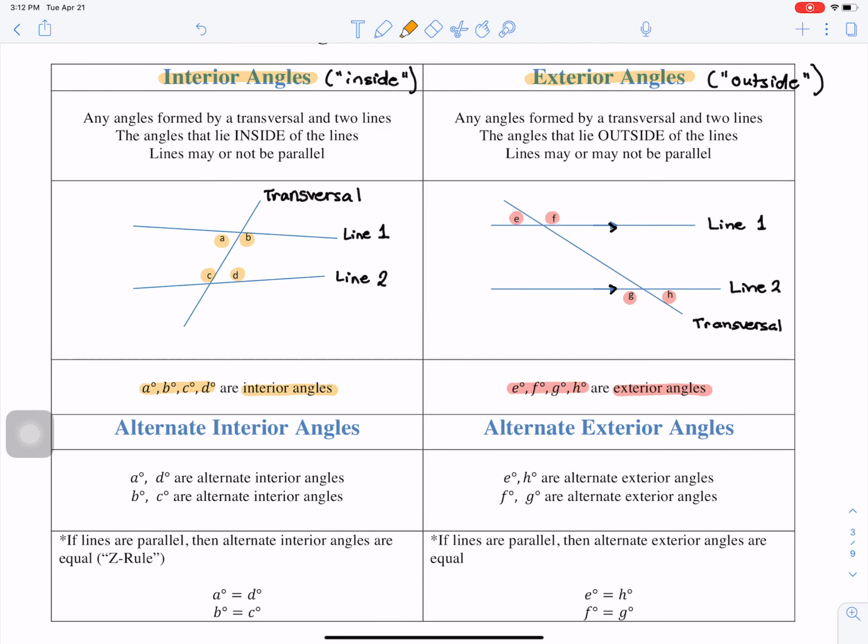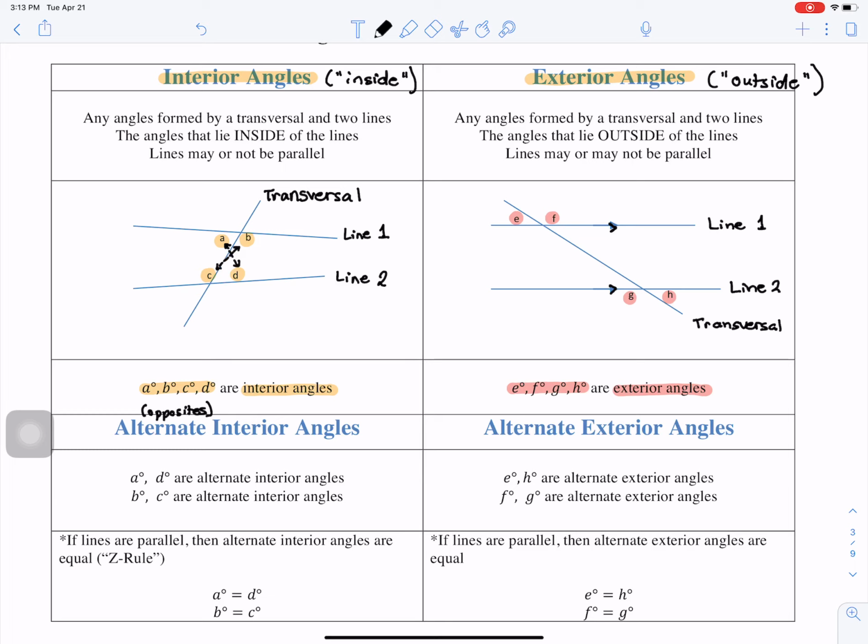Okay. Now, this is the part where things get a little bit tricky: we're going to talk about alternate interior and alternate exterior. When I think of the word alternate, I think of the word opposite. So I'm looking at the opposites of the angles being formed. A and D are opposites of one another, and B and C are opposites of one another.